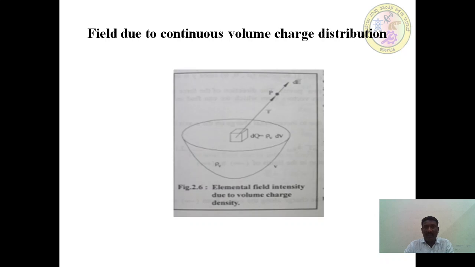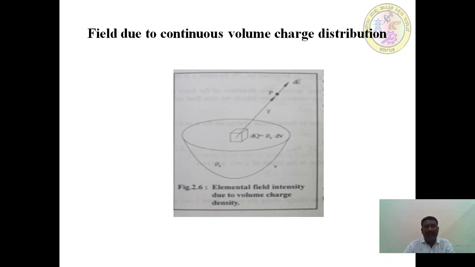Charge may be of any shape. If the charge looks like a point, it is called a point charge. If it seems to be a line, that is line of charge. If it seems to be a surface, that is surface charge. If it seems to be a volume, it is a volume charge.